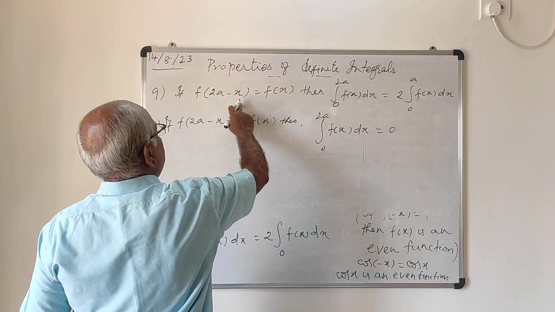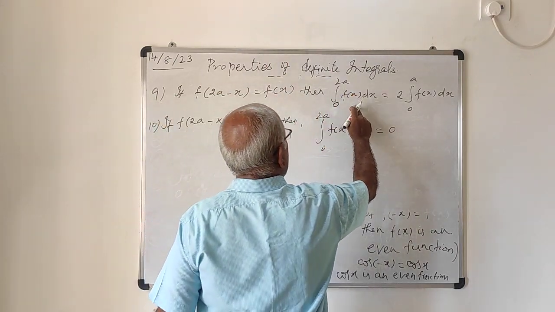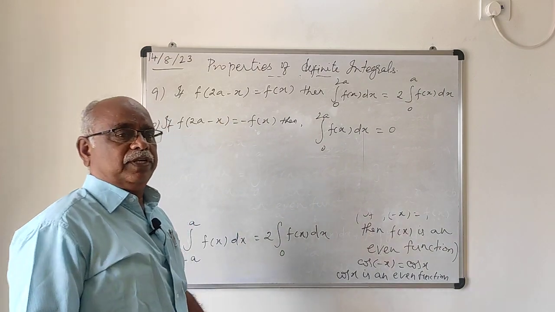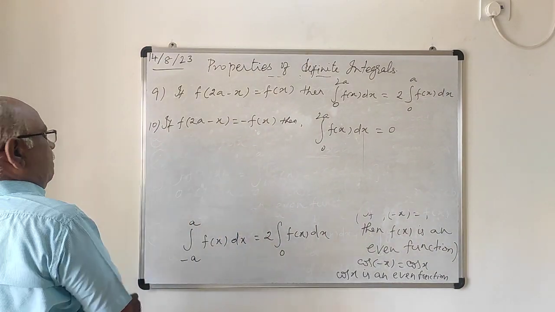If f of 2a minus x equals f of x, then the integral from 0 to 2a of f of x dx is 2 times the integral from 0 to a of f of x dx. This is the 10th one.